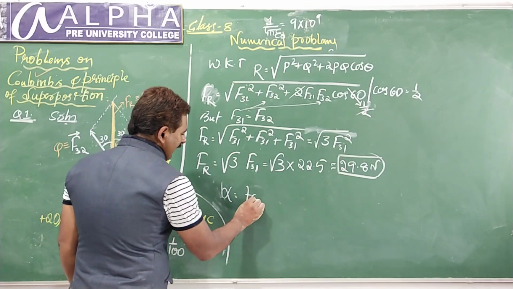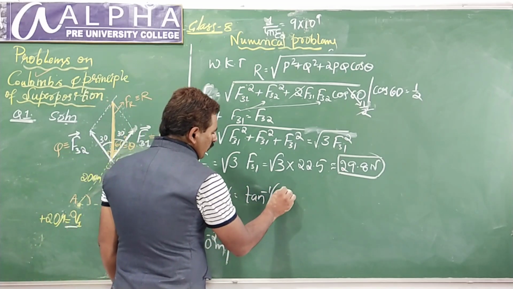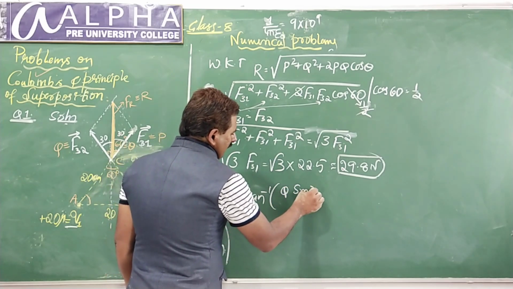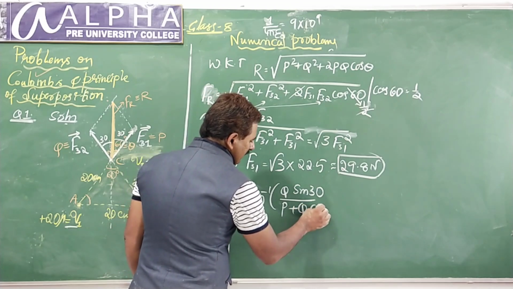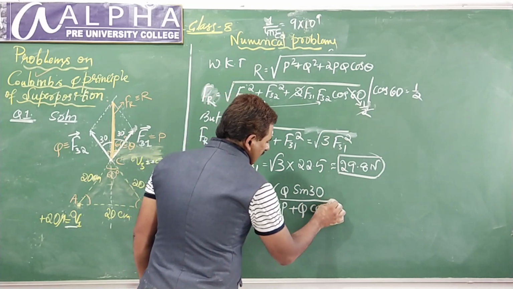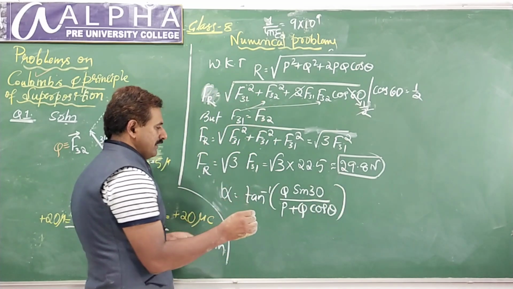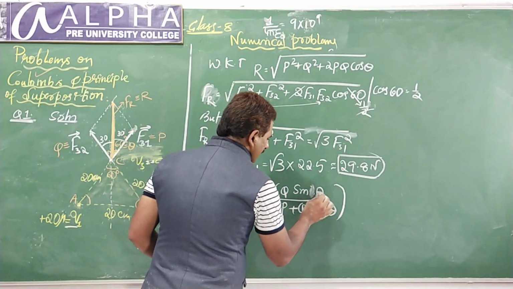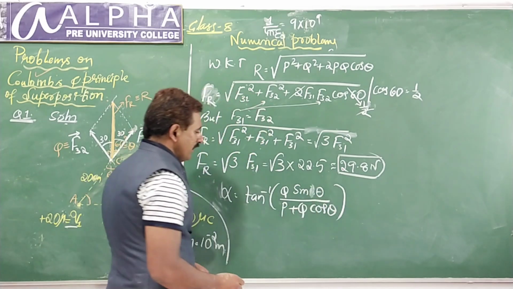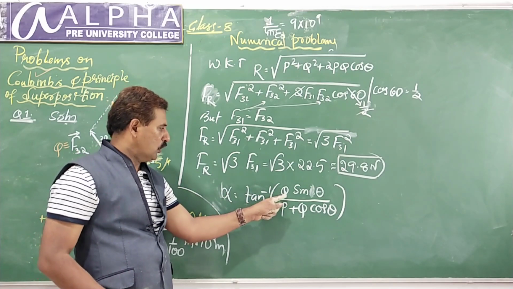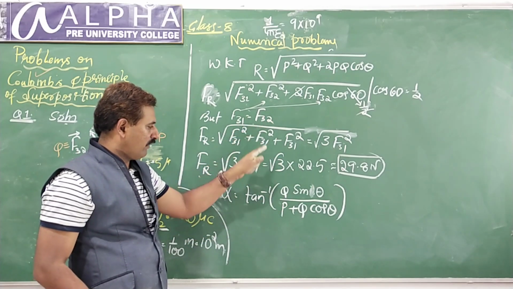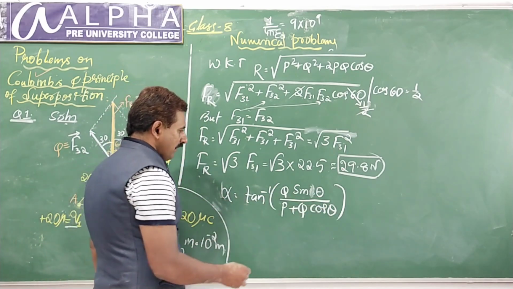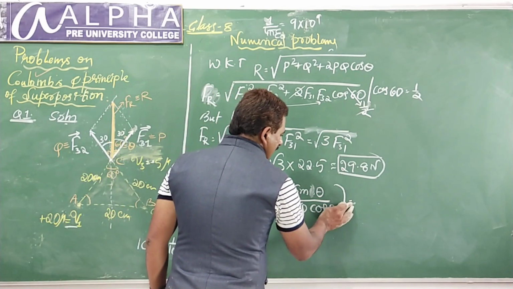Alpha is tan inverse of Q sin theta divided by P plus Q cos theta. You learned this last year. You should know these relations by heart. Theta here is 60. What is Q? F32. What is P? F31. If you write the values, you will get the angle 30 only.